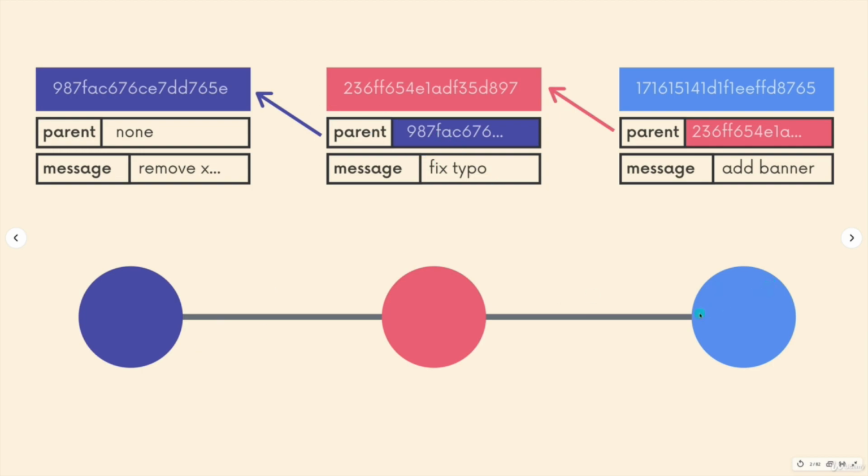So here we can see this most recent commit in blue has a commit that came before it, right? This pink one. And before that came this purpley blue one. And that happens to be the initial commit. It does not have anything before it. It does not have a parent commit. That happens the very first time you commit. So we have this linear history where one commit leads to the next, which leads to the next.